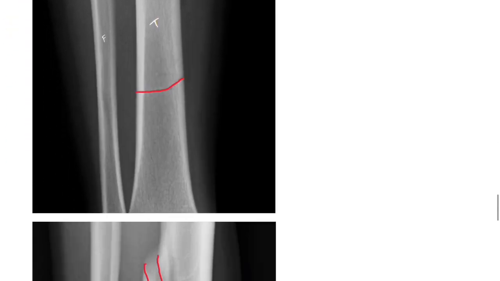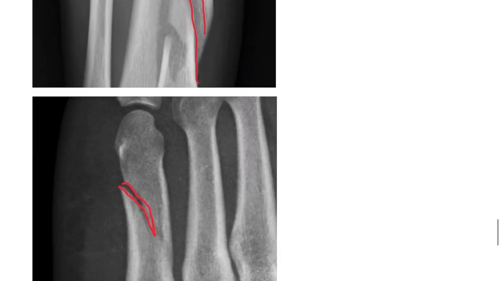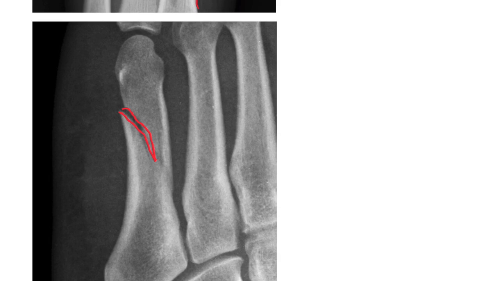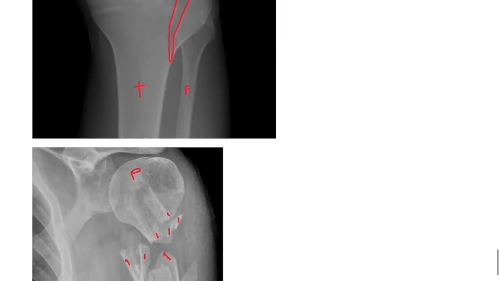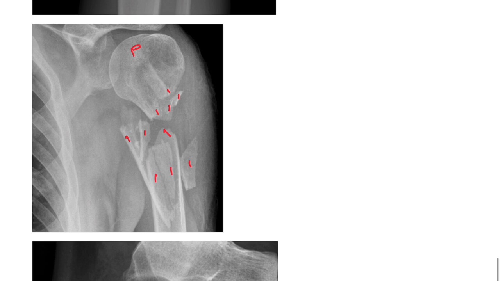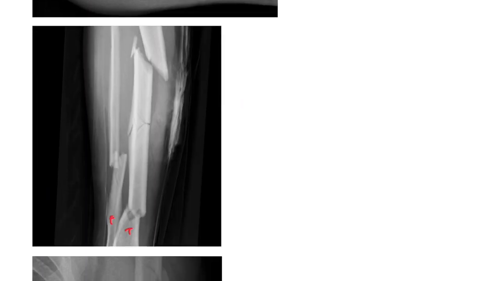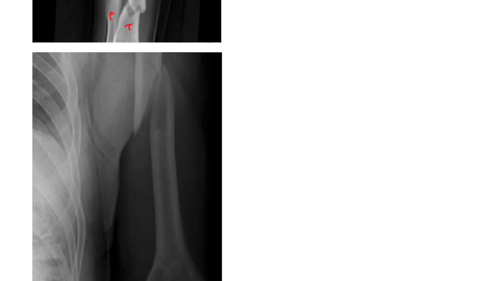I told you this is a transverse fracture of the tibia, this one a spiral fracture of the tibia, this one an oblique fracture of the metatarsal, this one a sagittal fracture of the tibia, this one a proximal humeral fracture that is comminuted, this one a multi-directional calcaneus fracture, this one a segmental fracture of the tibia and fibula. And what about this one? This is your question, so you can answer me in the comment section.